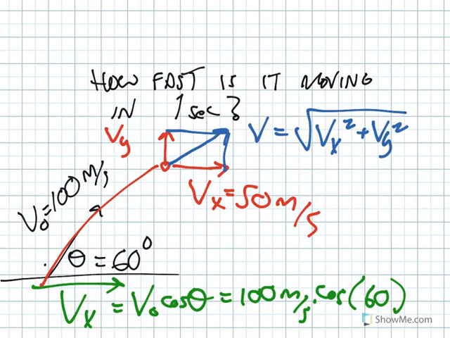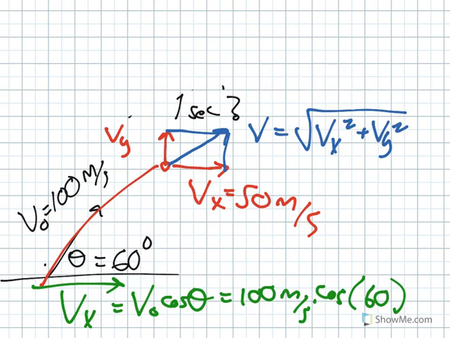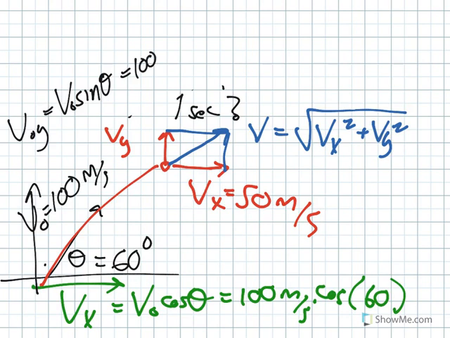So then Vy, that speed's changing. It's losing 10 meters per second every second it's in the air. Right. So the initial Vy is V naught sine theta. That is 100 meters per second times sine of 60.